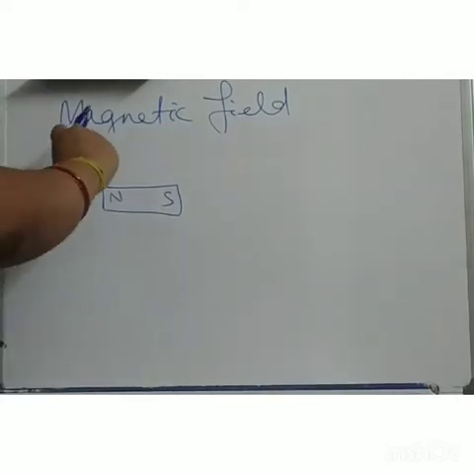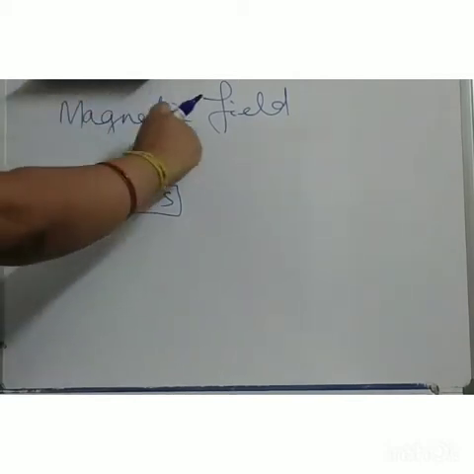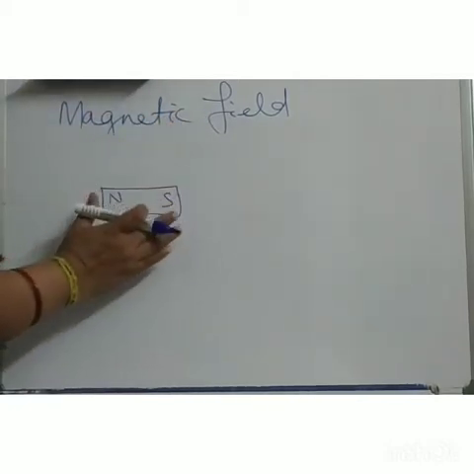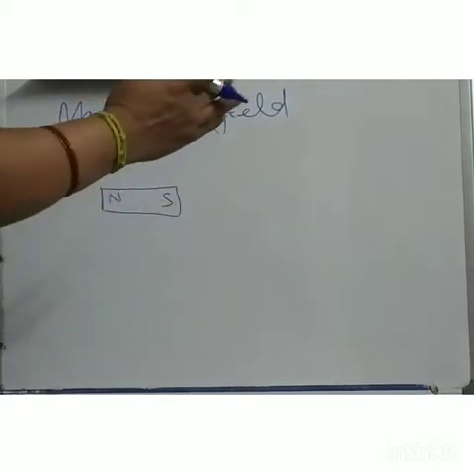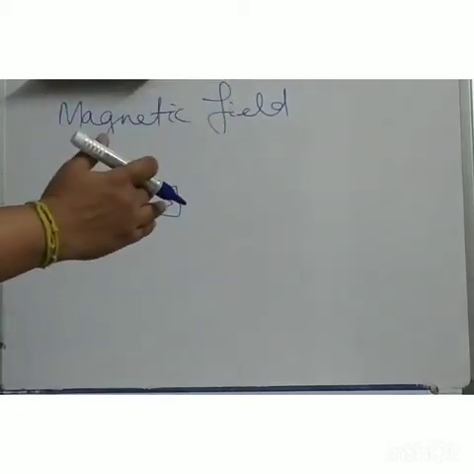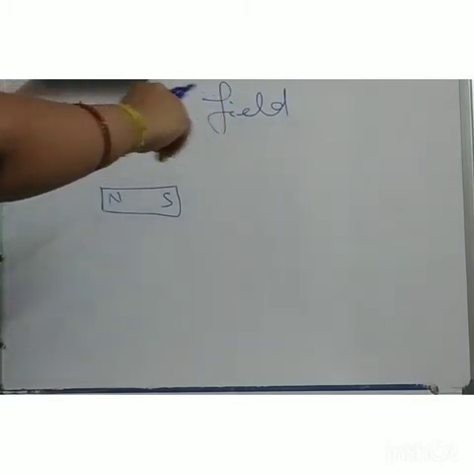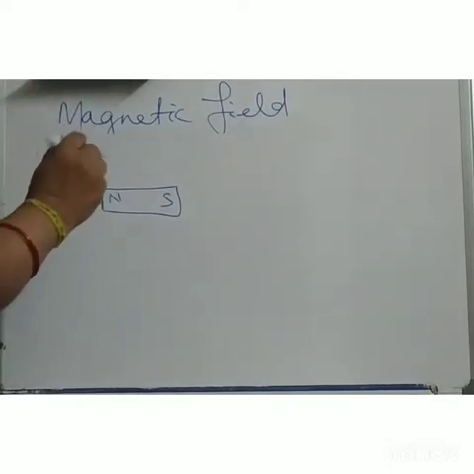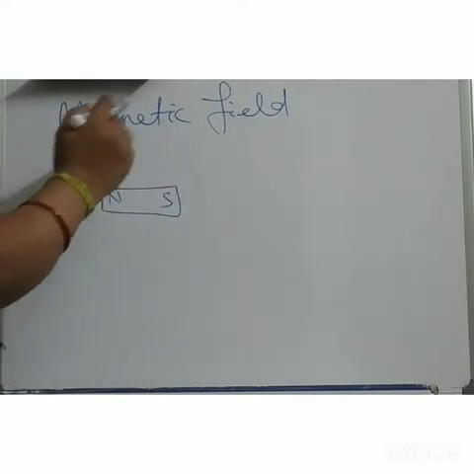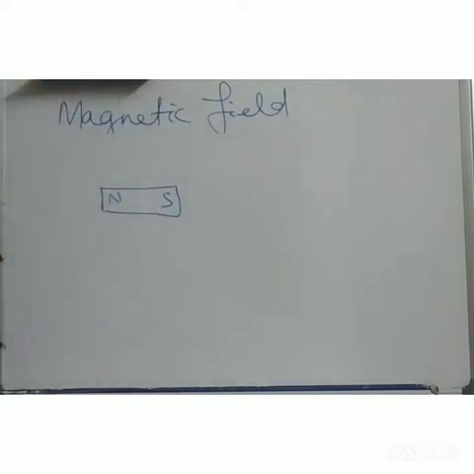Sprinkle very gently and uniformly over the magnet, which you keep on a white cardboard or white paper. What will you observe? You will observe that the iron filings are not spread everywhere. They are getting arranged in a particular pattern.